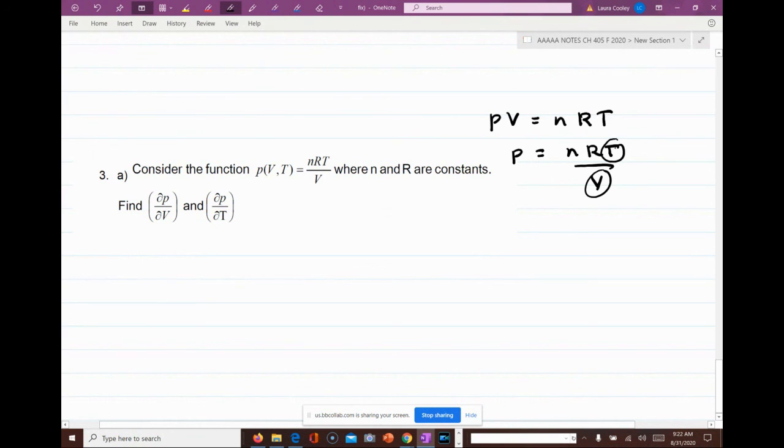And actually, sort of implied in all this is that n is constant. All right, so what this part is asking you is to find the partial derivative of P with respect to T, and the partial derivative of P with respect to V. Okay, and we'll go over this in class on Wednesday.